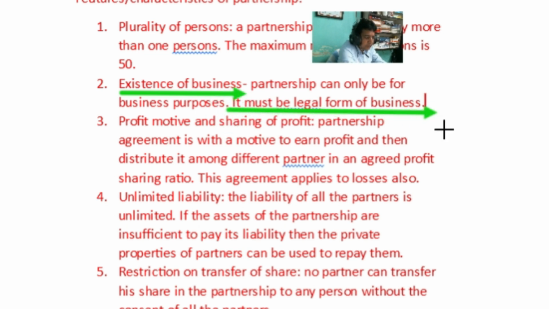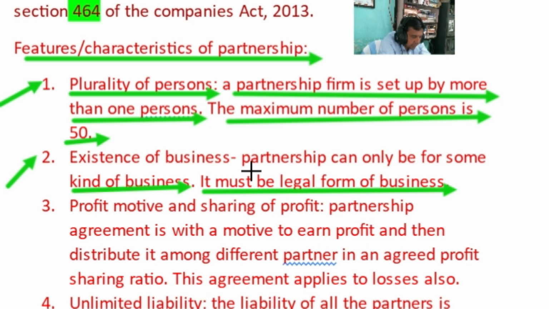The business must be permissible and lawful. It must be a legal form of business, that is, the business activities undertaken by the partnership form must be lawful. It should not be illegal business, because the partnership comes into existence with a profit motive, earning of profit. And charitable institutions, their primary motive is social welfare, not the earning of profit.